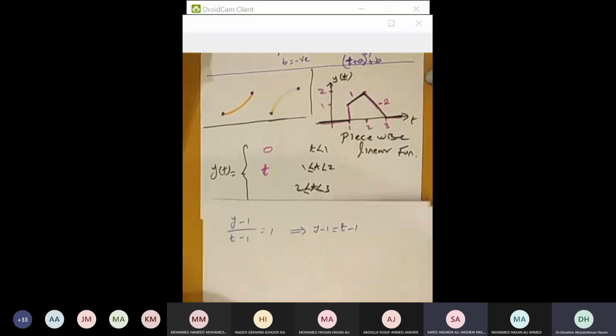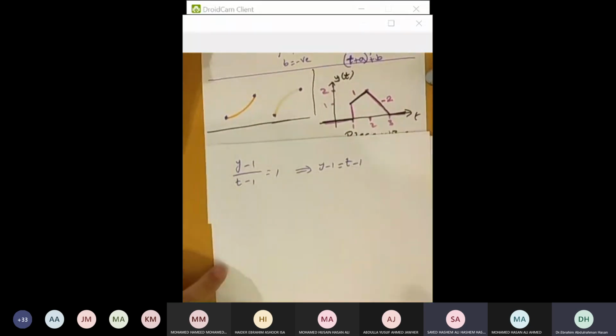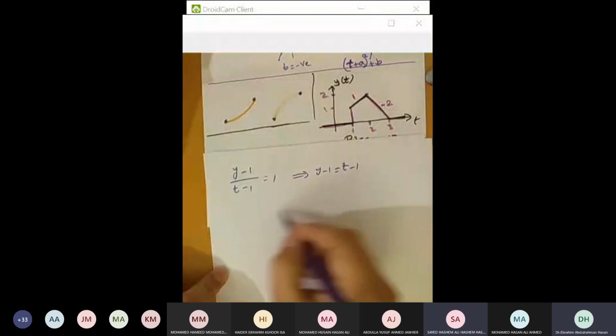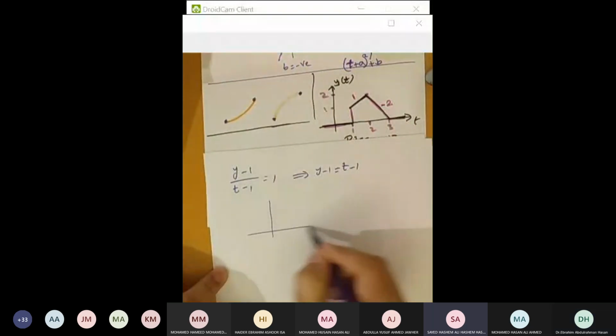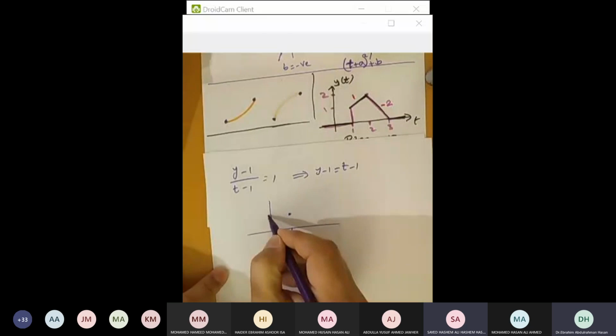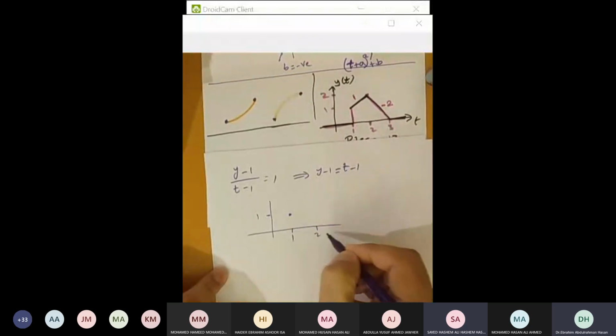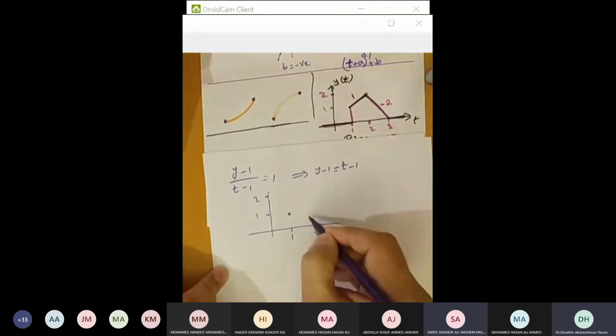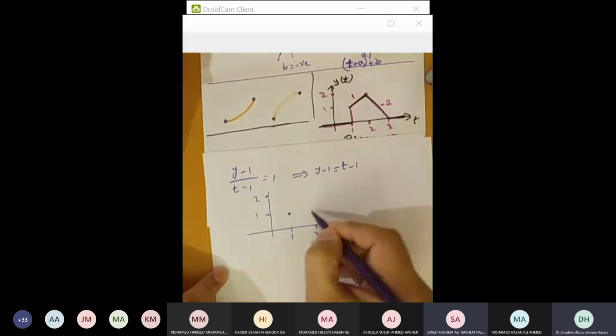زين في طريقة ثانية؟ Yes. الطريقة الثانية، هذه البوينت 1 1 and the second one it is 2 2 which is here.